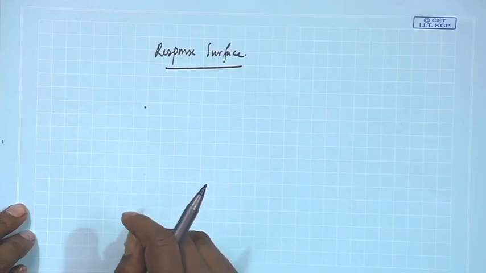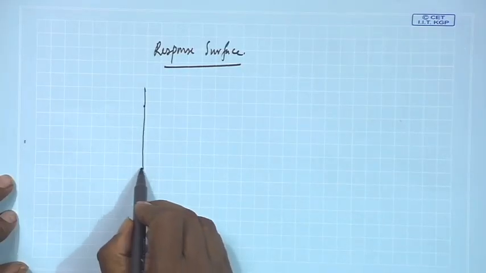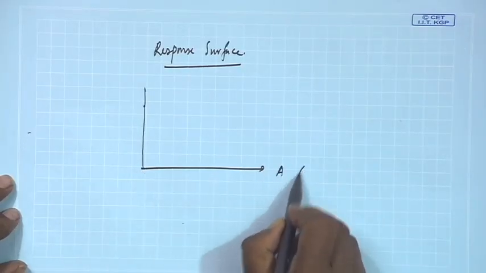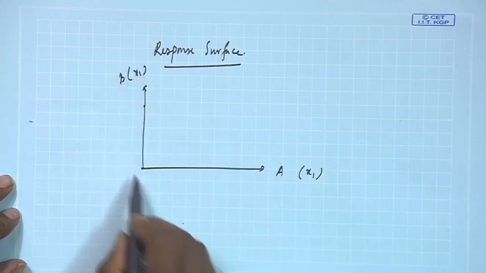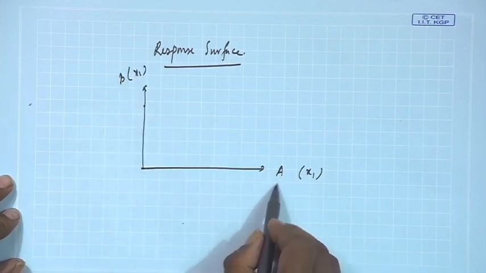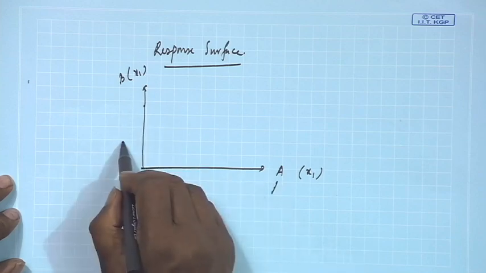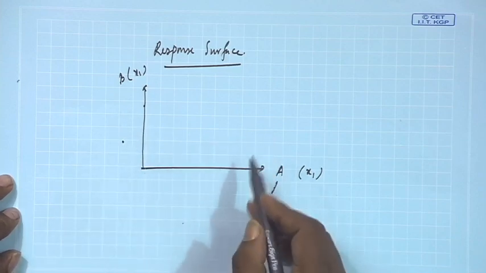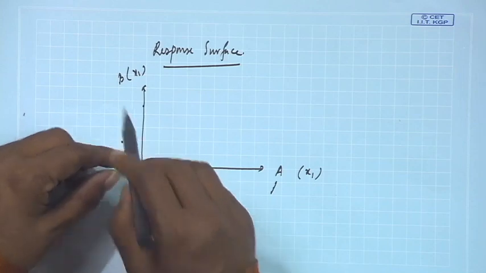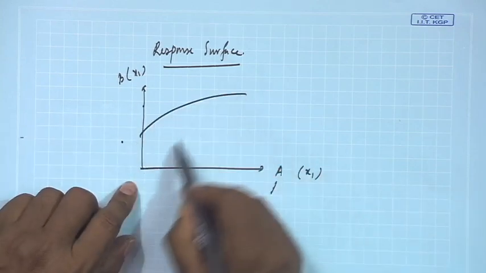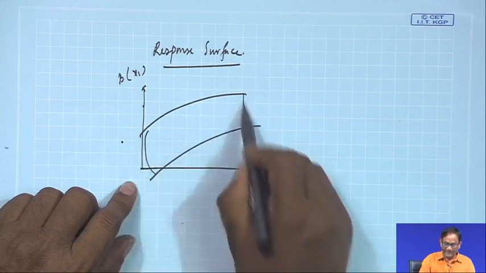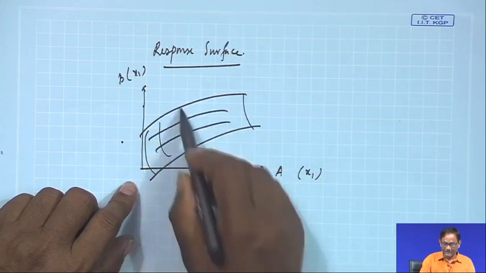This response surface will give you the behavior of y. For example, if I have two factors, A, or I can say x1, and B, or x2, depending on how you want to change A and B with a purpose, the y values may create something like this kind of surface.